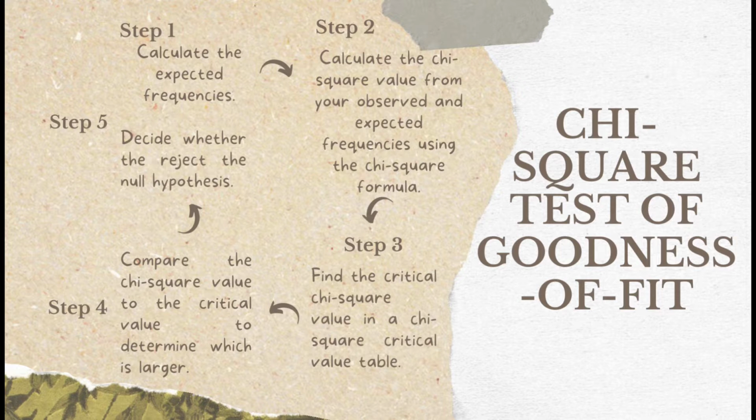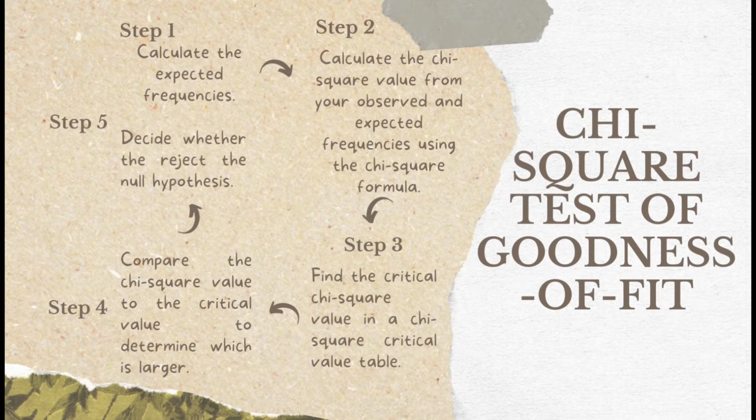X squared is equal to the summation of O minus E squared over E. Step 3 is to find the critical chi-square value in a chi-square critical value table. Step 4 is to compare the chi-square value to the critical value to determine which is larger. And the last step is to decide whether to reject the null hypothesis.